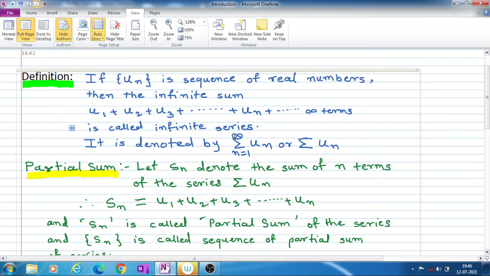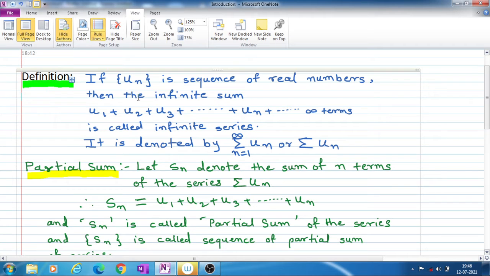So what is a series? If un is a sequence of real numbers, then the infinite sum u1 plus u2 plus u3 plus ... plus un plus ... with infinitely many terms is called an infinite series, and it is denoted by summation un, n is equal to 1 to infinity, or simply summation un.